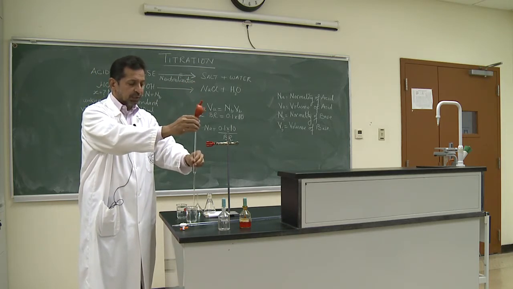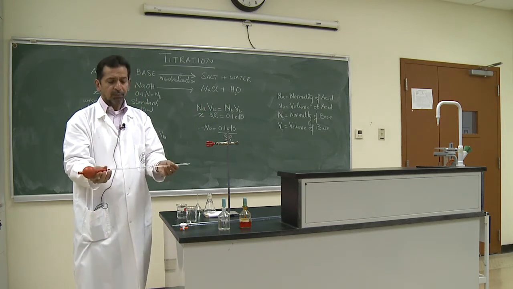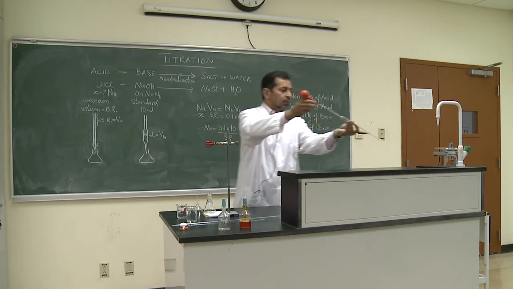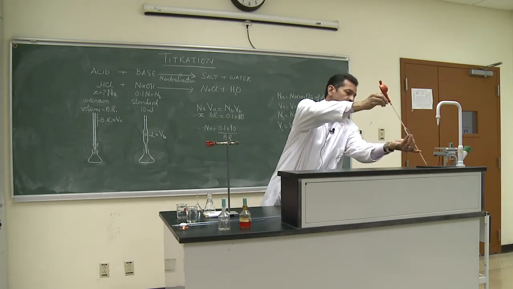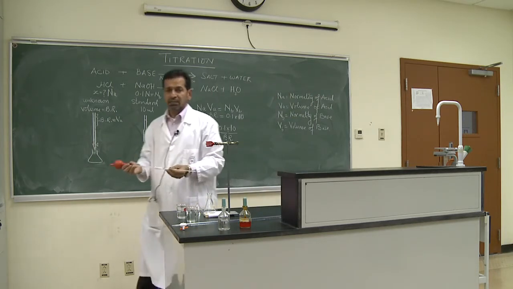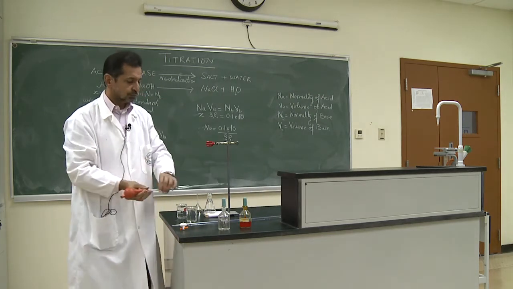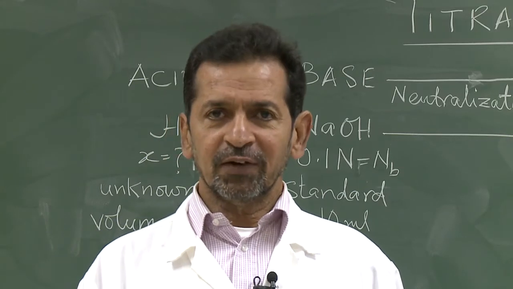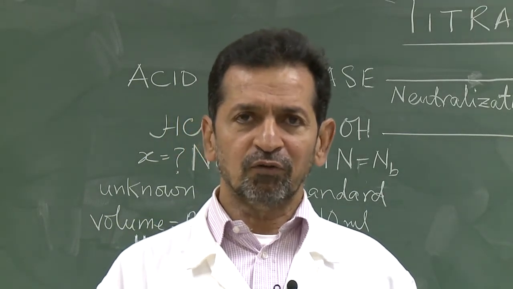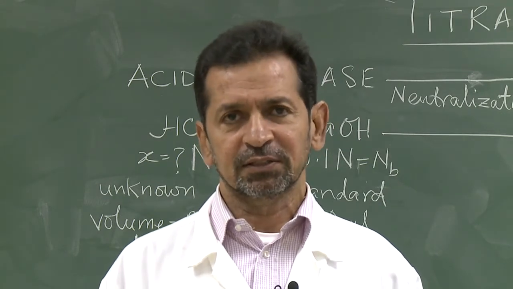We take a small quantity of the base, rotate it, tilt it and throw it in the sink. So our pipette is rinsed by the base, because the water inside is removed. Now I have rinsed the burette and pipette with the acid and base. Now we will go on to the next steps of this experiment.